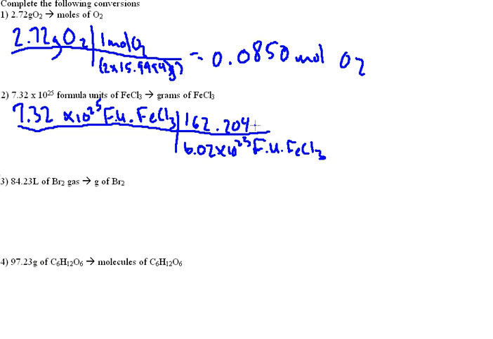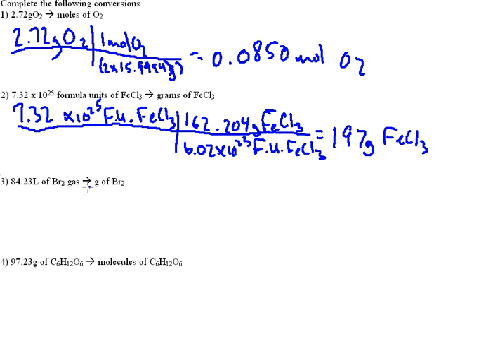This is our molar mass of iron 3 chloride. So that's going to be in grams of FeCl3. That should be more uppercase looking there. So I'm just going to multiply this number times this number and divide by Avogadro's number down there. And this should give us 197 point, actually if we look at our sig figs, 3 is all we need, 197 grams of iron 3 chloride.